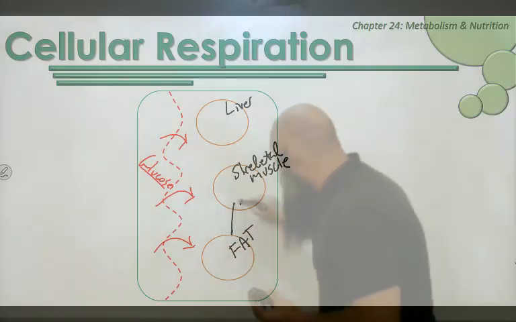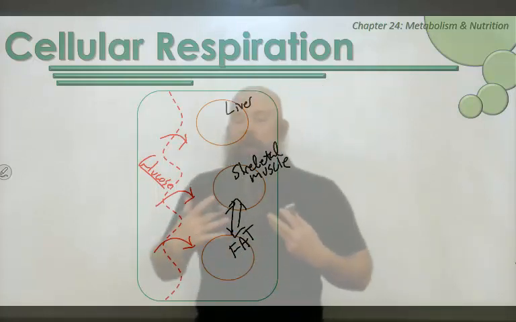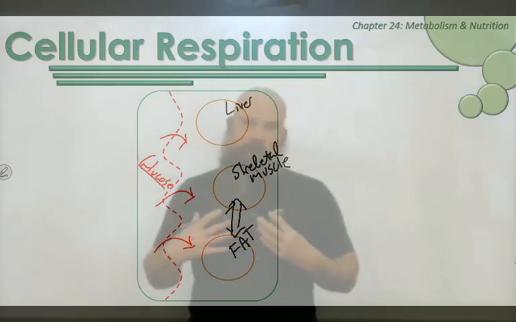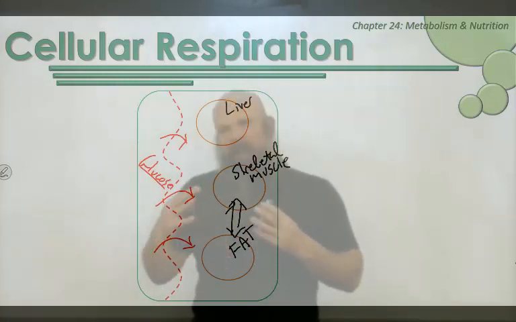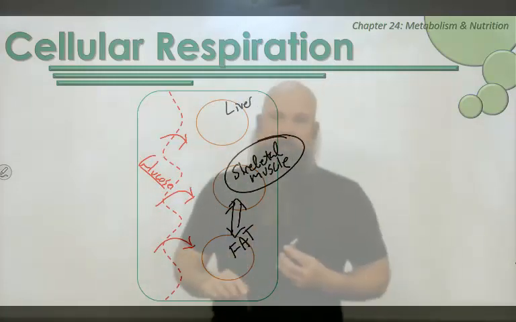Now, basically, fat cells and skeletal muscle cells are going to do these processes with respect to glucose and cellular respiration the same way. So I'll basically just talk about skeletal muscle.